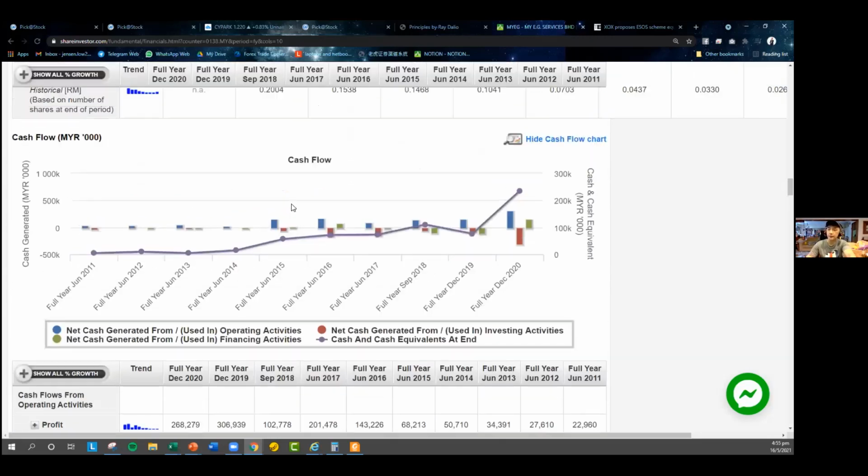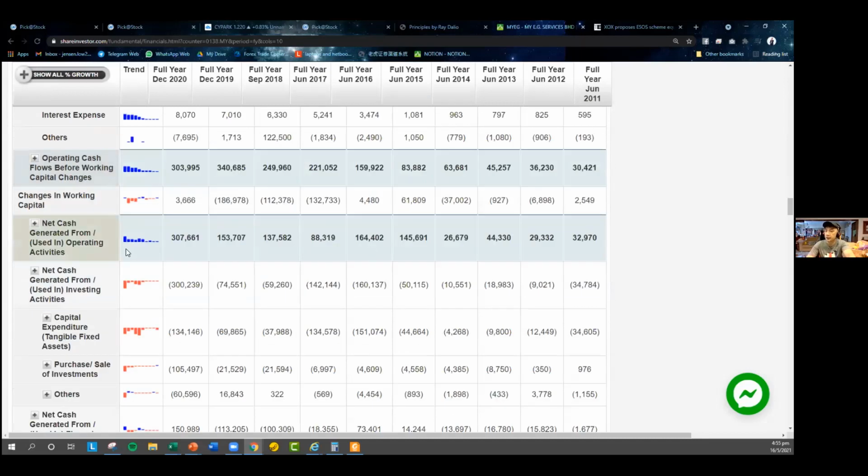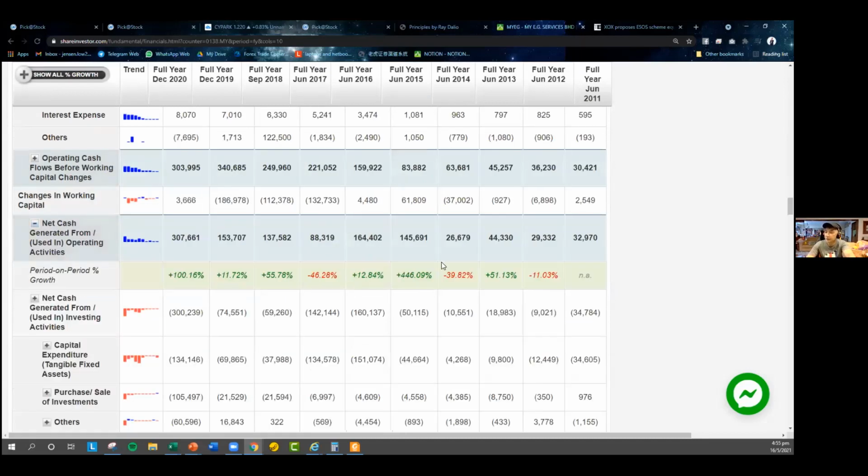And go up all the way to the cash flow statement here, right underneath your balance sheet. You can see that cash flow is positive every year. Not only positive every year, increasing some more. Can you imagine increasing cash flow? Increasing cash flow is tougher than increasing revenue.